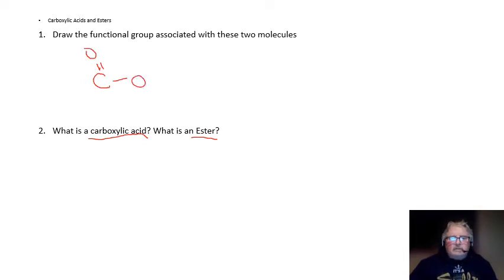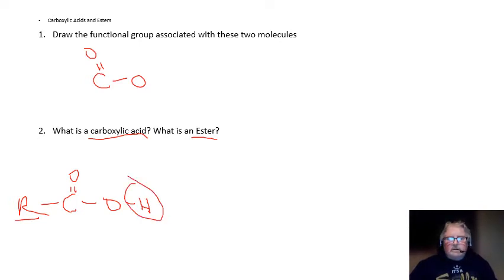A carboxylic acid will have an H coming off of it. On this side will be a carbon chain, represented by the letter R. And an ester, instead of having an H, will have more carbons.